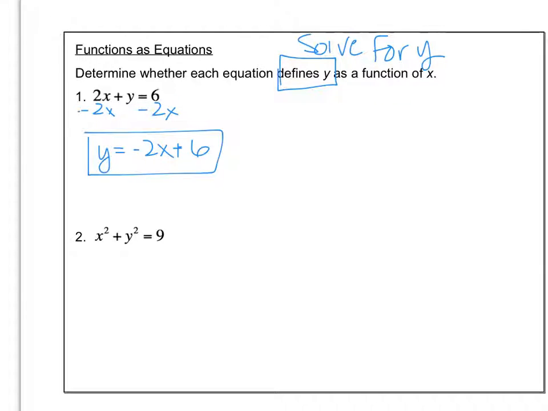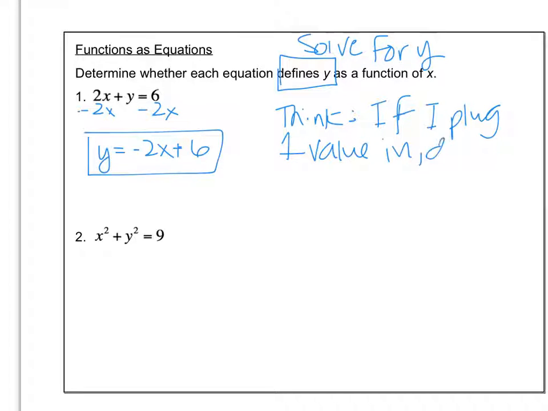And then here's what you need to think: if I put one value in, do I get one value out? You have to think more generally.